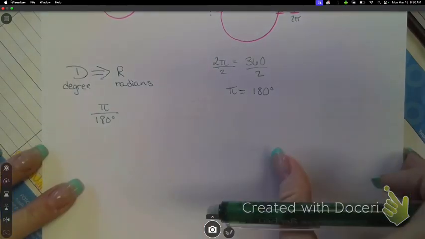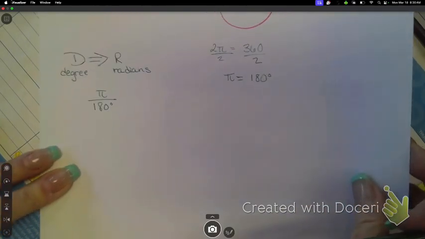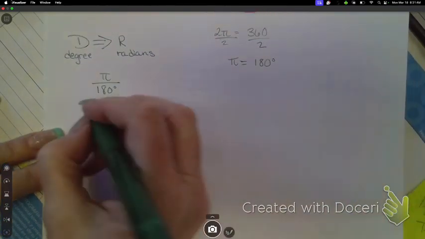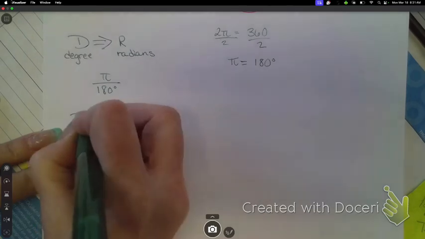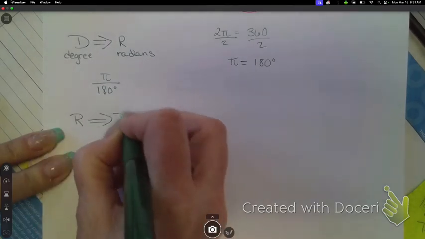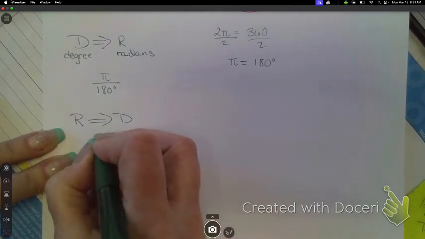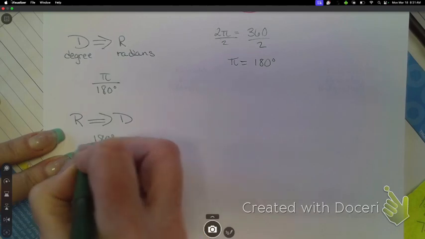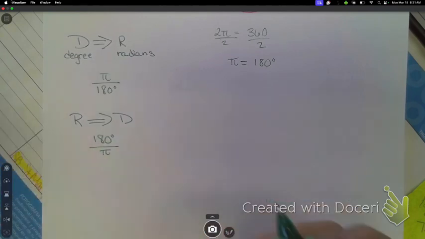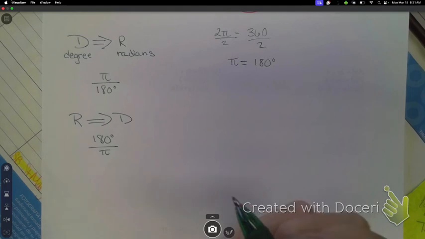That's my conversion factor. If I'm going from radians to degrees, I'm going to multiply by its reciprocal, 180 over pi.